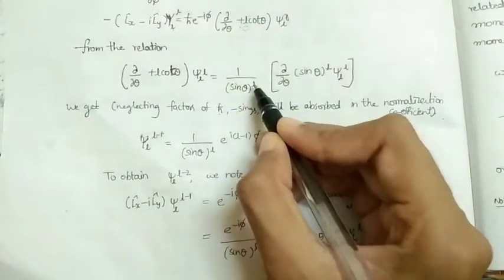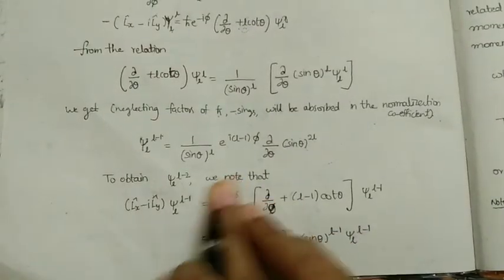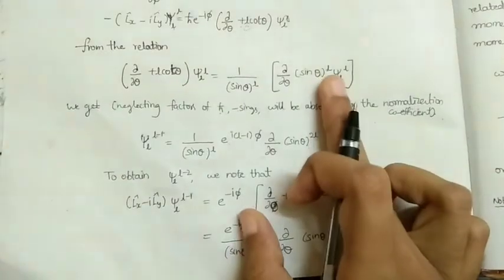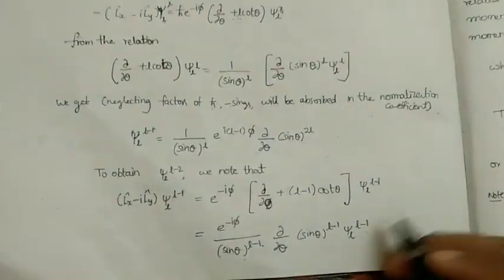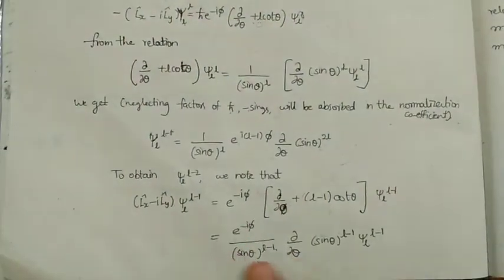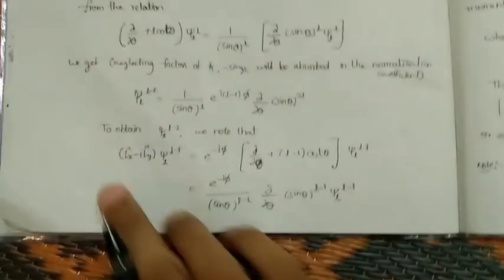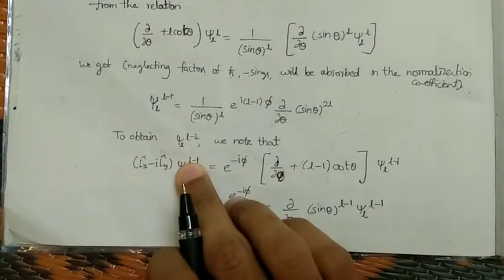So 1 by sin θ to the power L minus 1, keeping this e^(-iφ) aside. So ∂/∂θ of (sin θ)^L times (sin θ)^(L-1), and ξ_L^{L-1}. Based on this formula, again we are going to repeat the same thing. After operating this operator on this wave function, it reduces the value of m by 1.